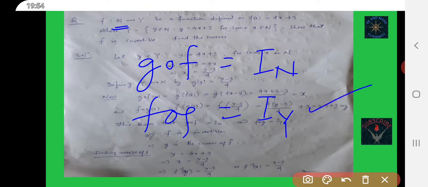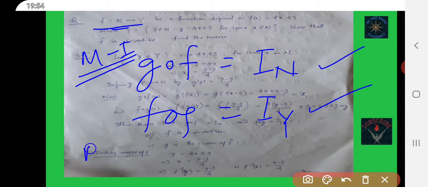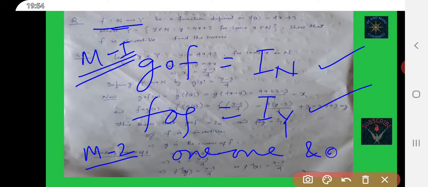Okay, then this function f is invertible. This is method 1 to check invertibility. And method 2, you just show the function is 1-1 and onto.